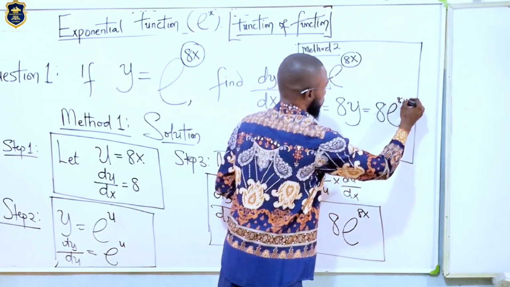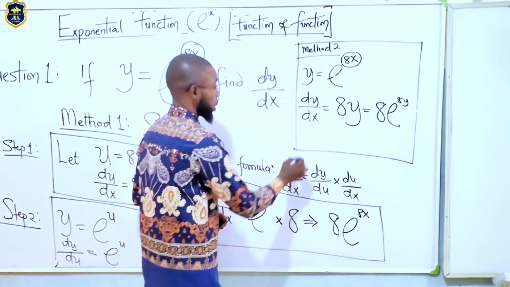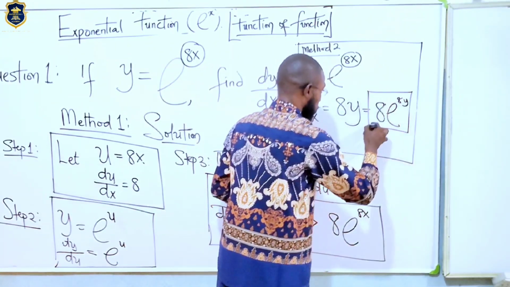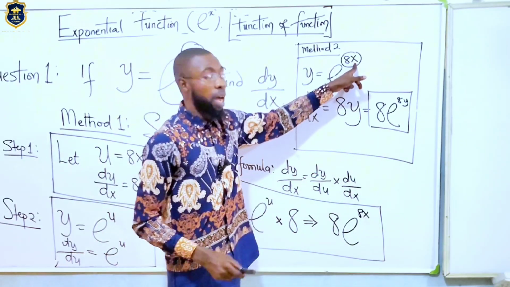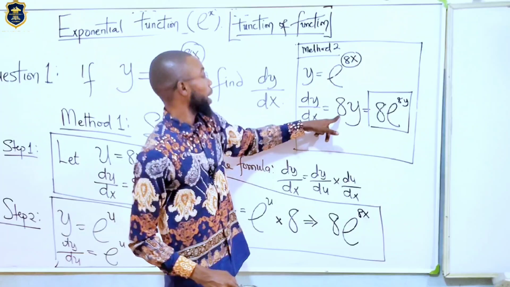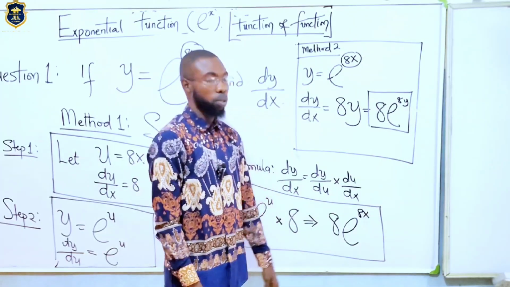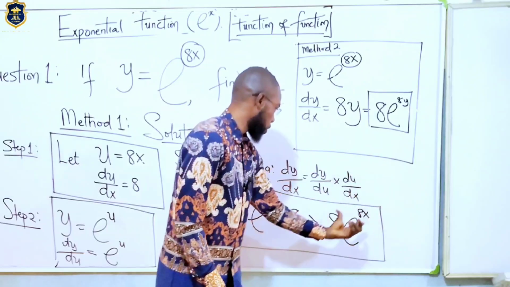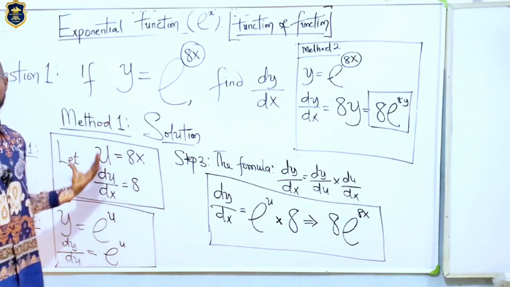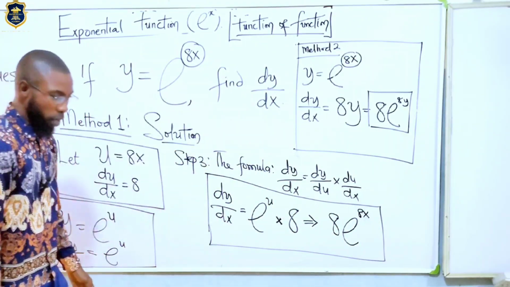So the answer is 8e raised to power 8x. That's simple. That's how to get your answer at once. First of all, you differentiate the index. Having differentiated the index, multiply it by the whole function, y, which is e raised to power 8x. And then you get your answer, rather than going through the many steps. But please know the earlier steps, and use this one just to find the value.